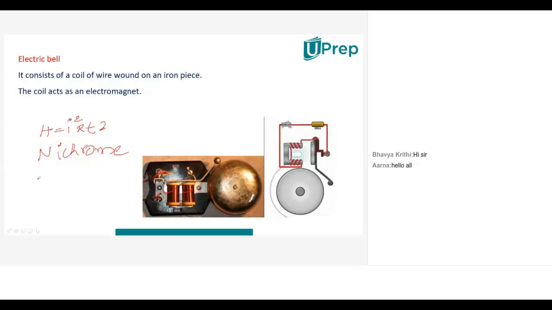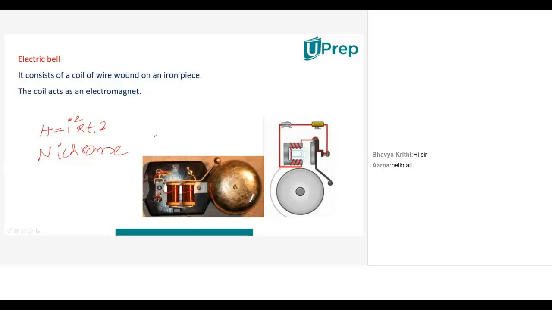When it is behaving like a magnet, these two coils are connected to this bell. When current is passing through it, it will act like a magnet, and magnetic material here will be attracted.